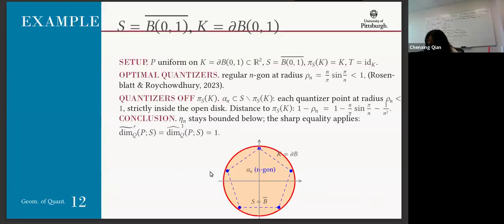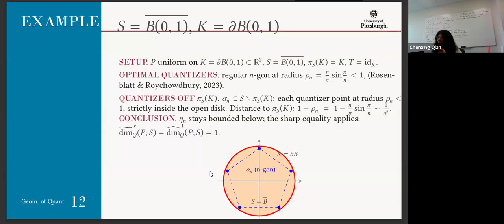So let me introduce an interesting example, discussed in the work by Rosenblatt and Rachel Harvey several years ago. If P is uniform, in this case the constraint set is the unit disk, and the compact support of the probability is the unit circle.